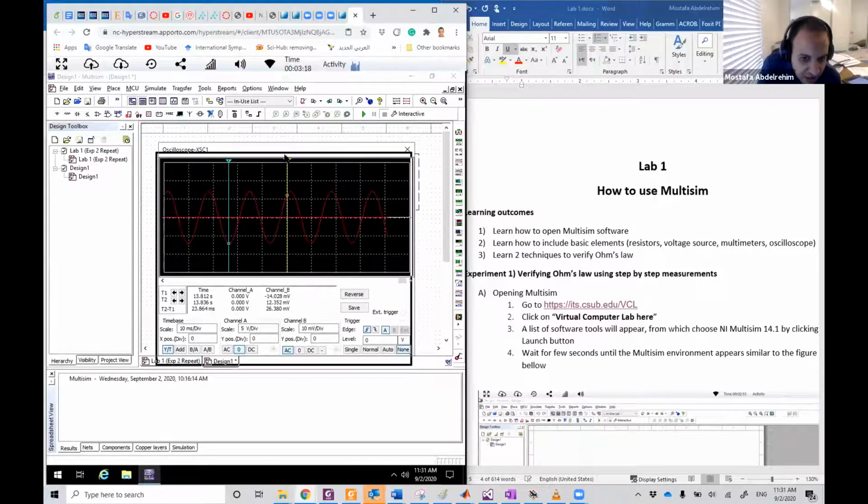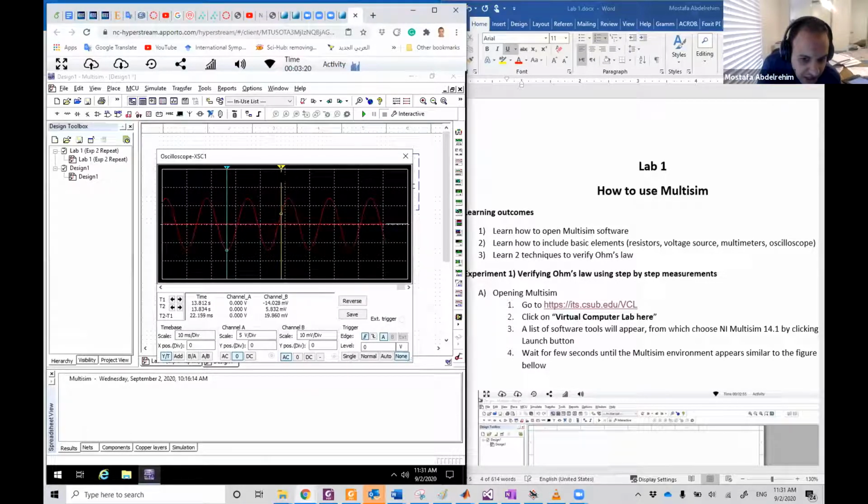Okay, and whenever I move, this number here will change, this number, I'm sorry, number 2. So if I stop here, it's at 14 point something millivolt.